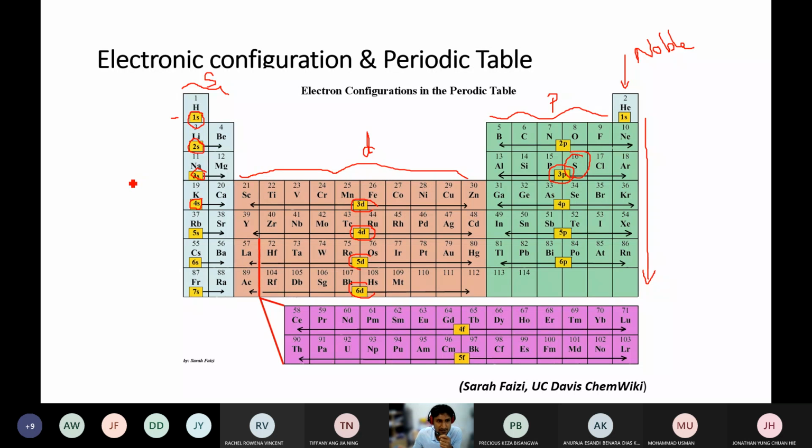And all of these atoms or elements that we see on the periodic table in the same period, like for this period, potassium, calcium, scandium, titanium, chromium, vanadium, gallium, all of them want to attain this argon structure.